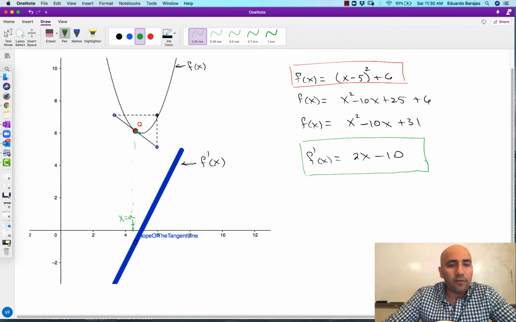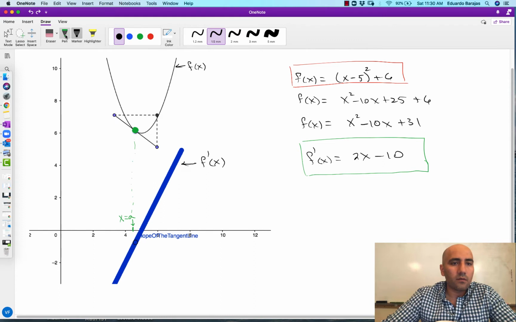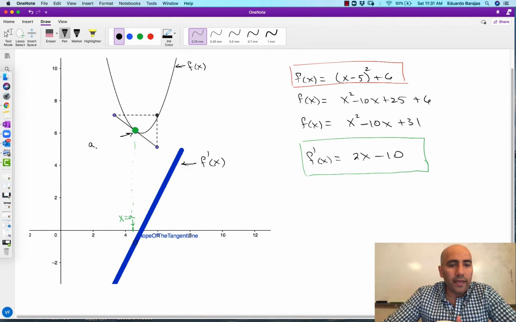So that point on the graph, instead of calling it Q, we can call that point right in there the point a comma f of a.